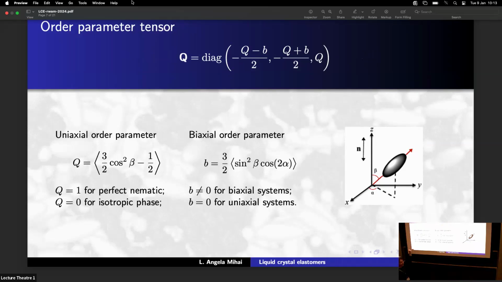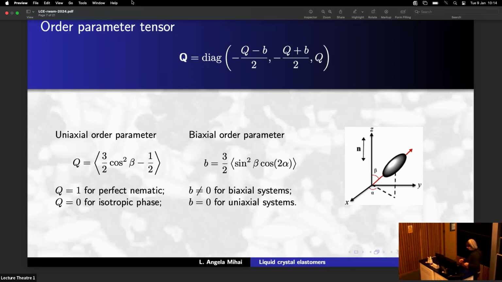Q is equal to A, but this is just a theoretical coefficient; in general, in practice, Q is about 0.6. Q0 is for the isotropic state. B, if it's a uniaxial system, is going to be 0. If it's not a uniaxial system, it is going to be different from 0.